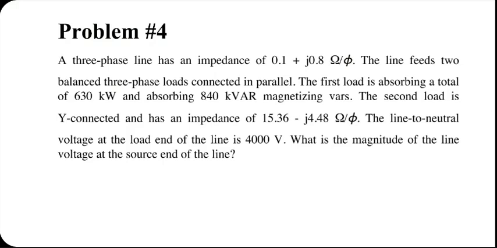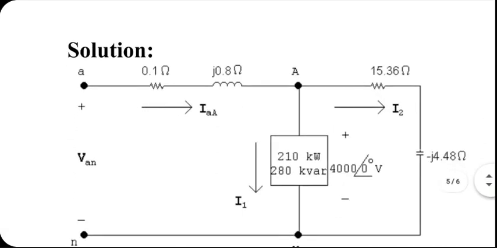The line feeds two balanced three-phase loads connected in parallel. Oh God, that's getting too complicated. The first load is absorbing a total of so much and so much of kVAR also. Maybe we will not bother about this problem. This will confuse you too much. Forget it.